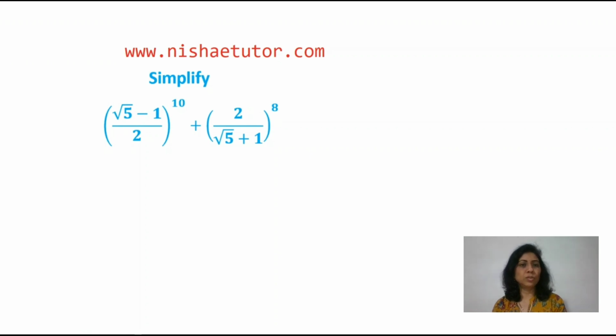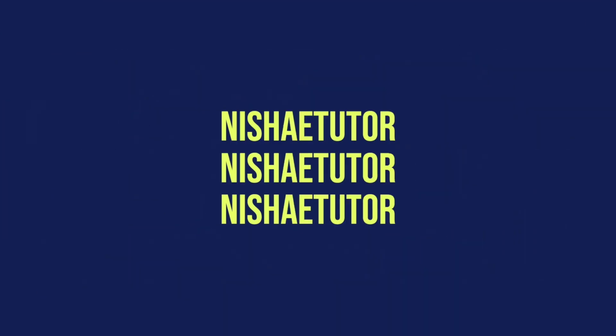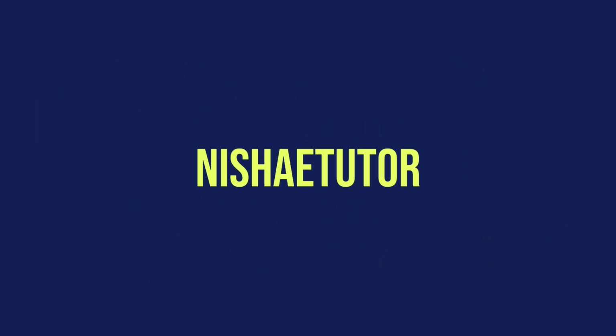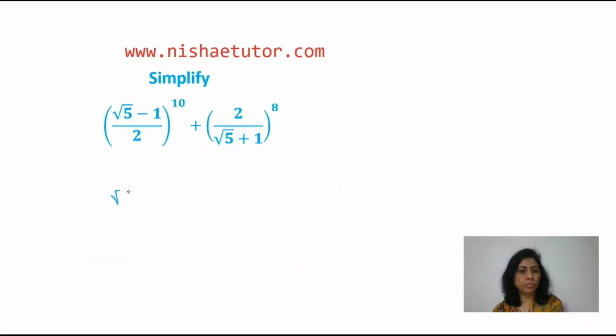In this video, we are going to simplify this radical expression: ((√5 − 1)/2)^10 + (2/(√5 + 1))^8. Here (√5 − 1)/2 to the power 10 we write as it is, but in the denominator of the second term there is a radical, so we have to rationalize the denominator.